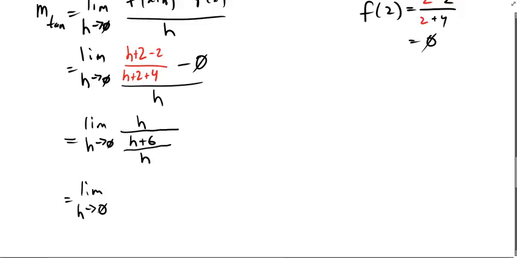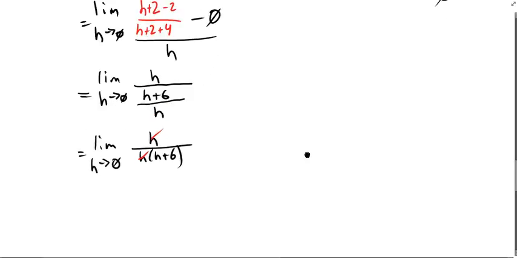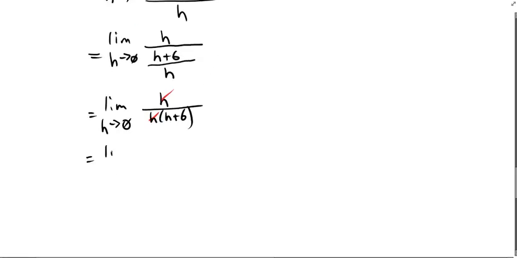So h is going to join my denominator. And then I can divide those. Of 1 over h plus 6, which equals 1 over 6.